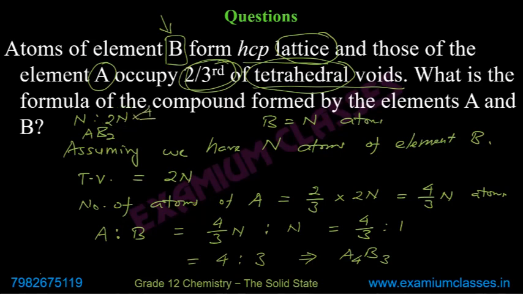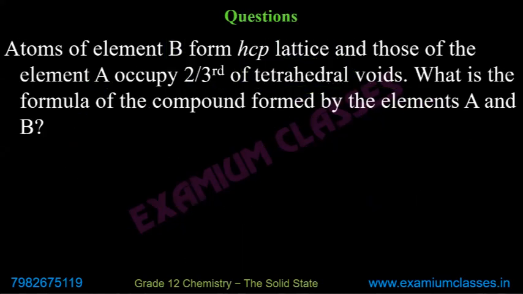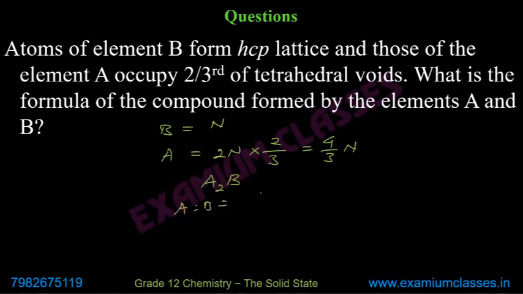Only 2/3 of these ones. So I'm going back just to correct it. Suppose this was B n and A are in tetrahedral void, means 2n. Then the formula would have been AB2. But here because not all, rather only 2/3 of tetrahedral voids are occupied, so 4/3. So now A is to B is 4/3 n is to n.